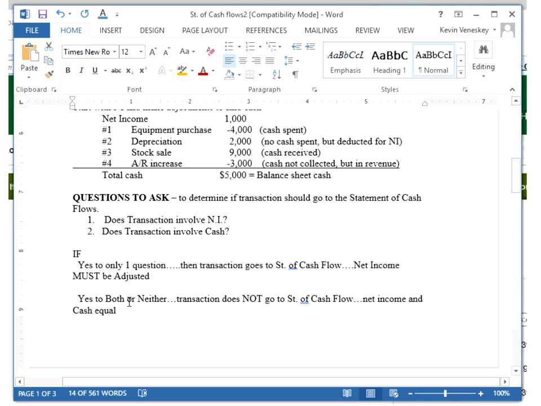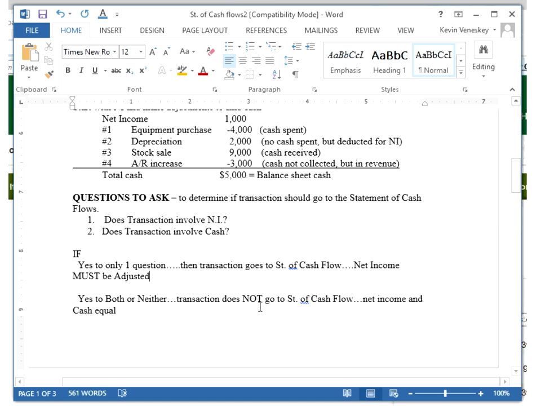Then once you answer those questions and you get a yes or no, we can know if the transaction should go to the statement of cash flows. If you answer yes to just one of those 2, so it doesn't matter which one, then the transaction does go to the statement of cash flows.